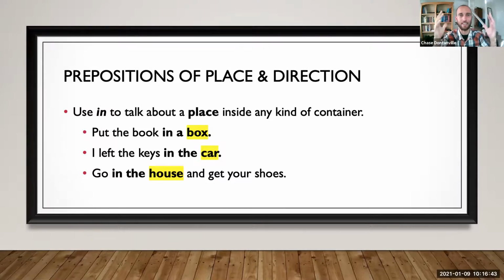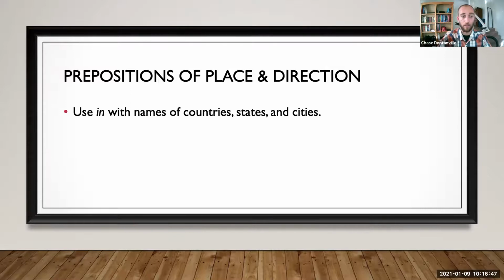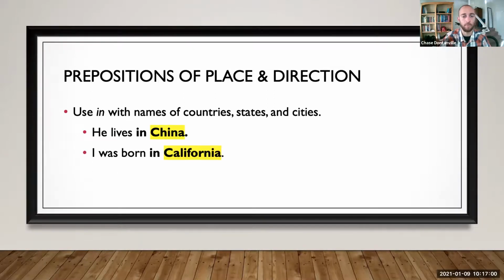So inside somewhere. We also use in with names of countries, states, and cities. So he lives in China or in Armenia, in Syria, in California, in wherever. I was born in California. They work in Glendale. So for countries, states, and cities, use in.